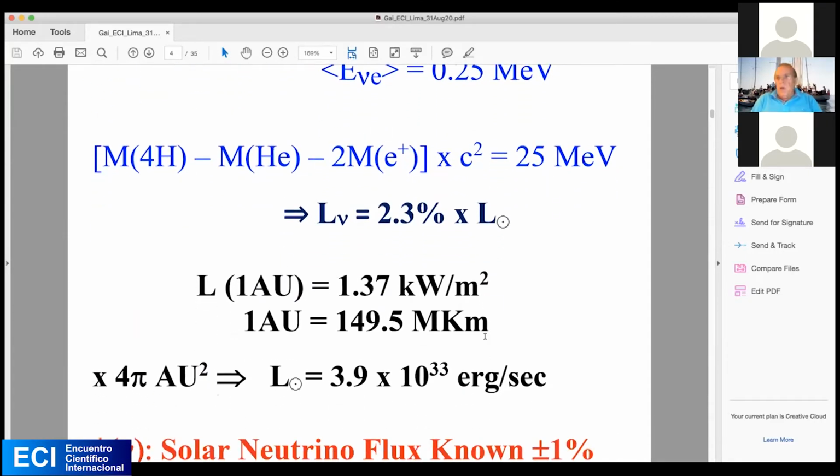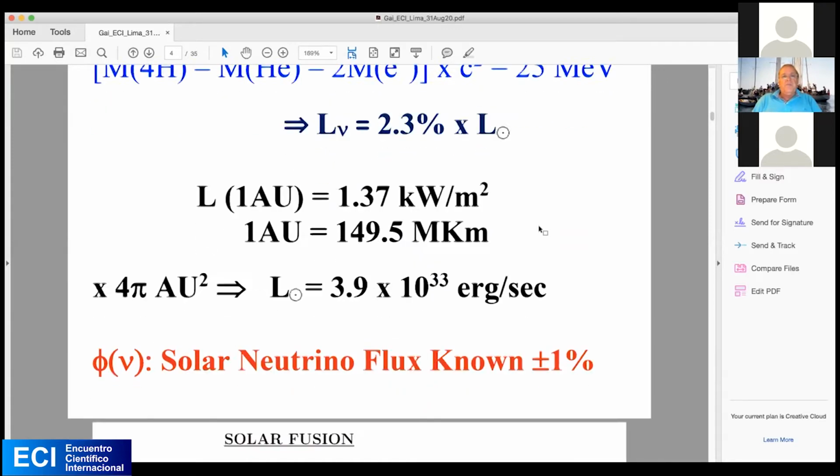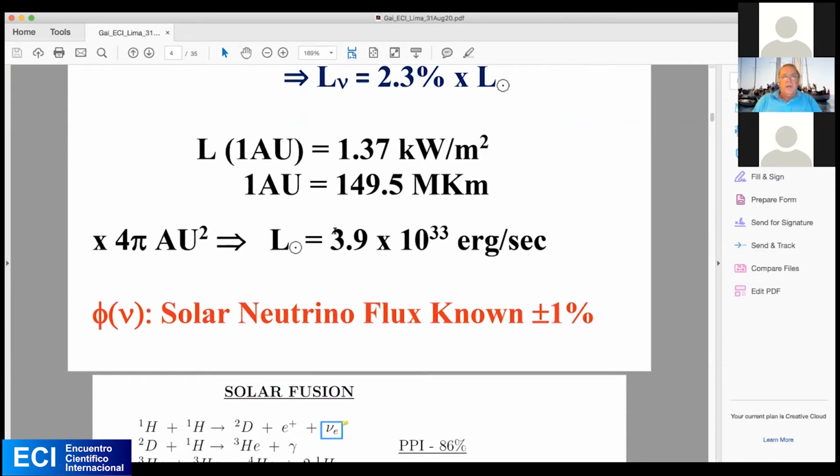Well, we know the luminosity of the sun very well, 1.3 kilowatts per meter squared. Our life depends on this luminosity. We know this number very well. We know the distance from the Earth to the sun. So if we now take the local irradiance, local luminosity, and multiply by 4 pi r squared, where r is the astronomical unit, we get the luminosity of the sun.